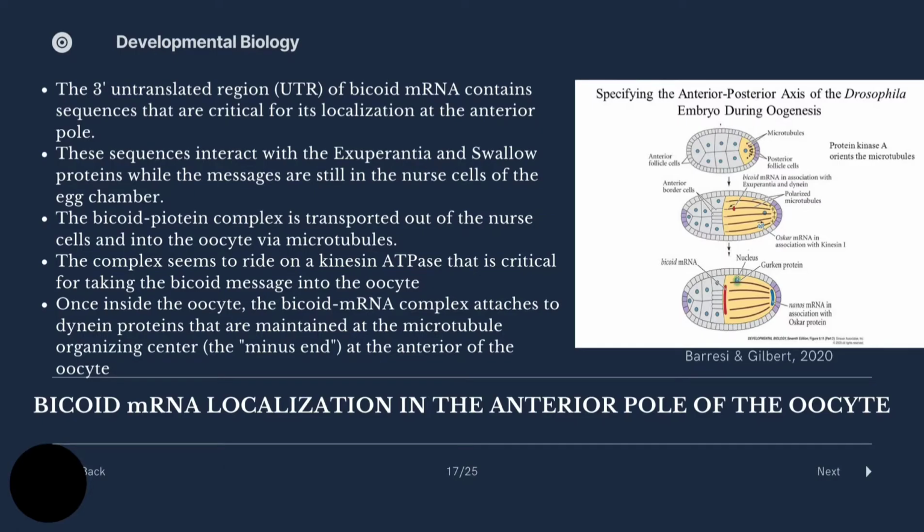And the complex seems to ride on a kinesin ATPase, which is critical for taking the bicoid message into the oocyte. Once inside the oocyte, this bicoid mRNA complex attaches to the dynein proteins that are maintained at the microtubule organizing center at the anterior region of the oocyte. Thus, the bicoid mRNA gets localized in the anterior pole of the oocyte itself.